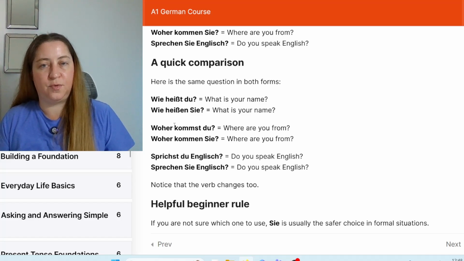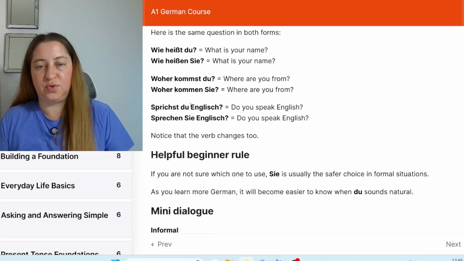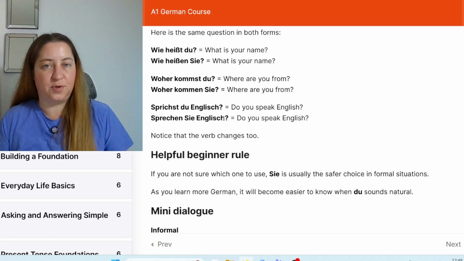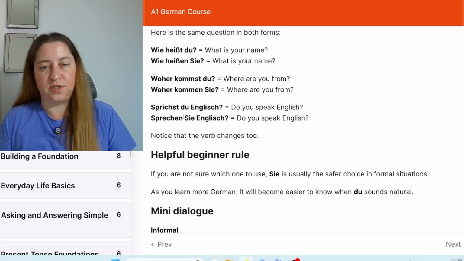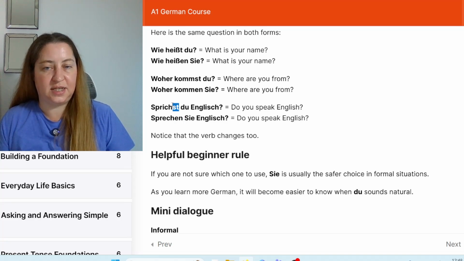The same thing with Woher kommst du? Where are you from? Woher kommen Sie? This is formal. Sprichst du Englisch? This is informal. Sprechen Sie Englisch? This is formal. Notice how the formal version has an -en ending, and the informal has an -st ending.